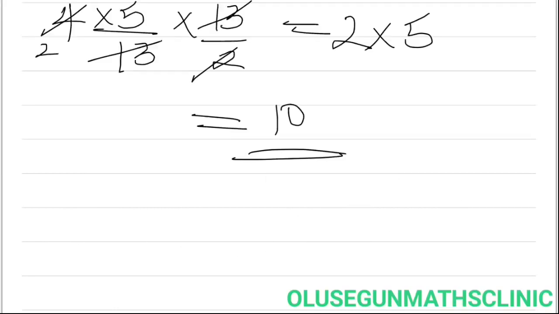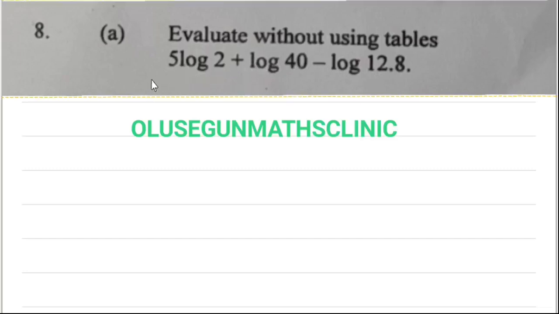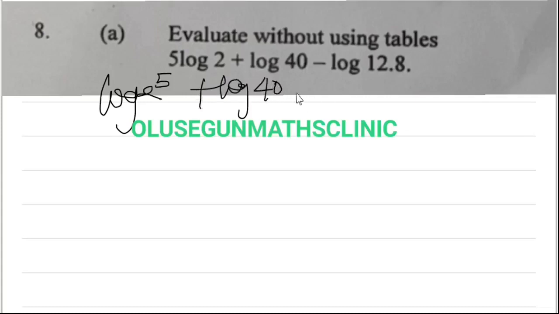That is question 7C. This is question 8. Evaluate without using table. The question says 5 log 2 plus log 40 minus log 12.8. So you will rewrite this to have log 2 raised to power 5 plus log 40 minus log 12.8.